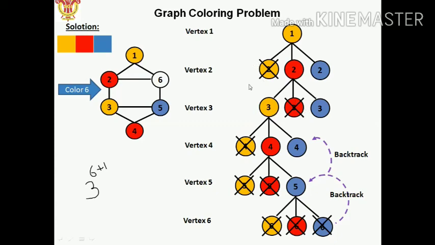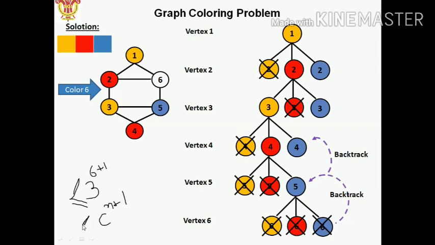Almost we are going to discard this. So the number of nodes in the actual tree is lesser than this. This is the number of nodes, and this is the number of colors, so 3 is the number of colors. I have given the maximum possibility of n plus 1.